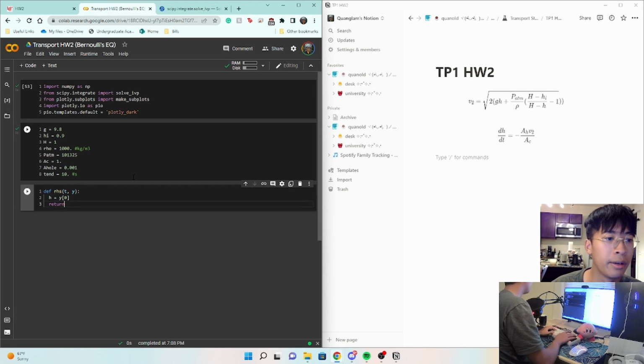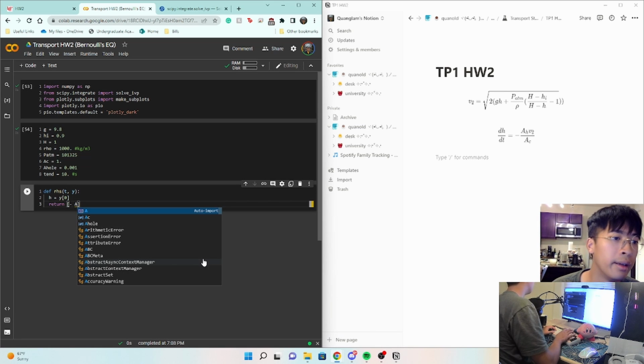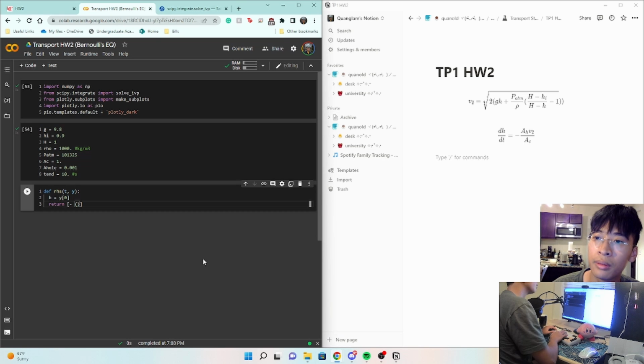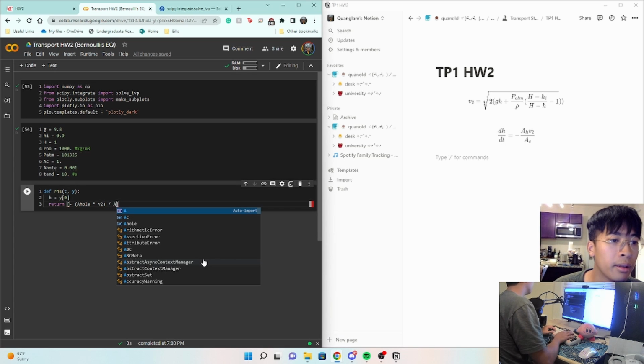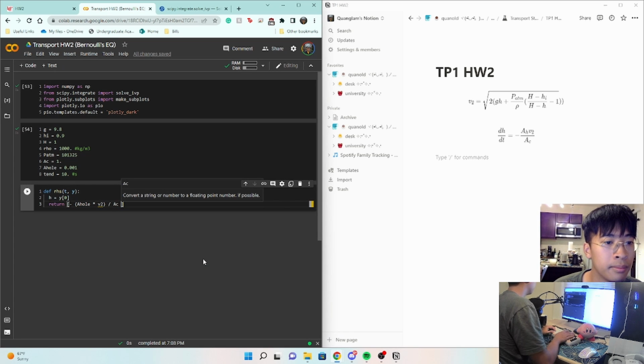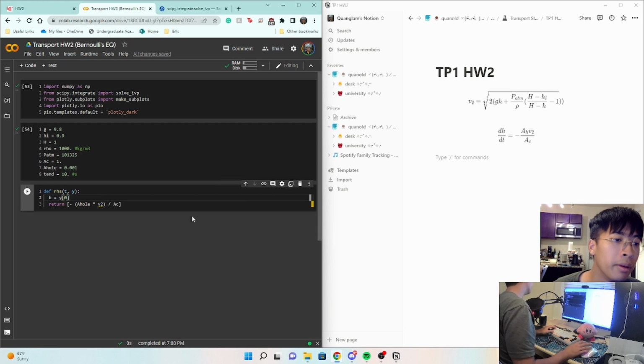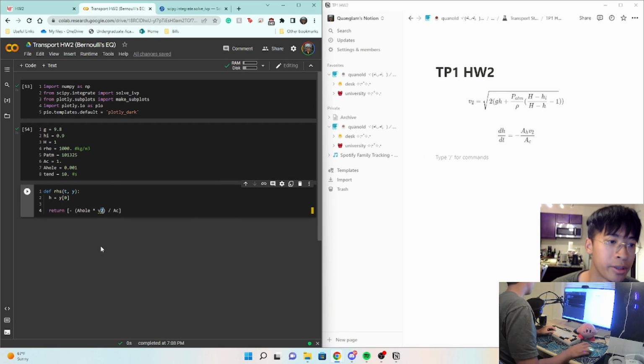And it should also return an array. In this case, we only have one equation to return, and that's negative area of the hole multiplied by velocity at position 2 divided by cross-sectional area. Where velocity at position 2 is defined by this expression here.